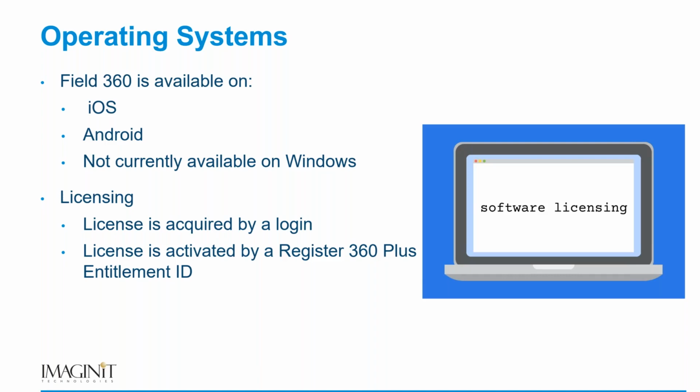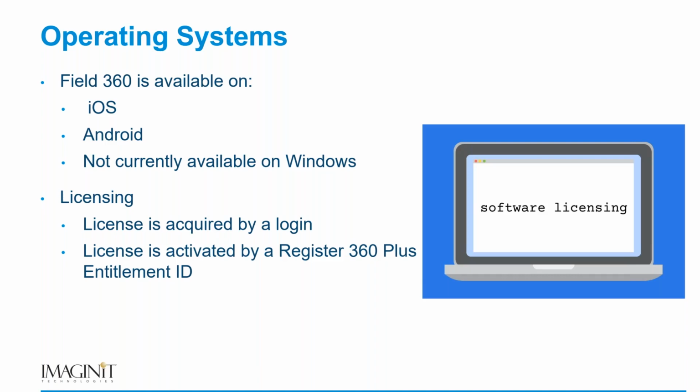Now, I like to point out that that license doesn't mean that Field 360 is limited by not having Wi-Fi on a job site or not having access to cellular data on a job site. That's a question that I get asked all the time. So we don't necessarily have to have access to the internet on the job.